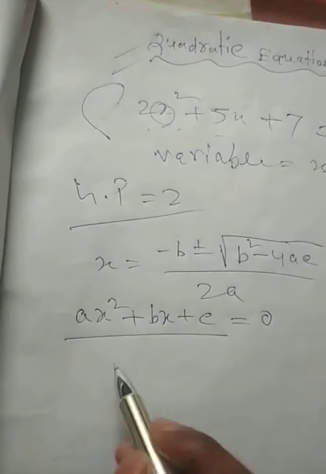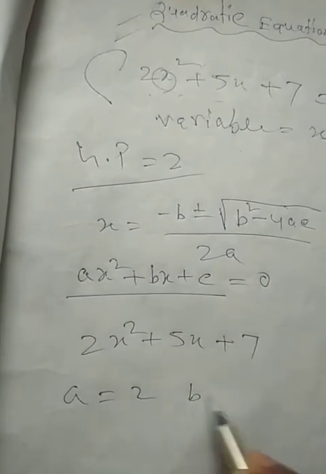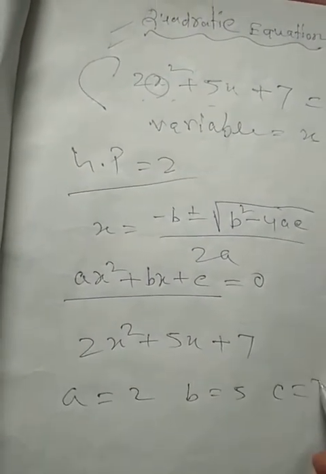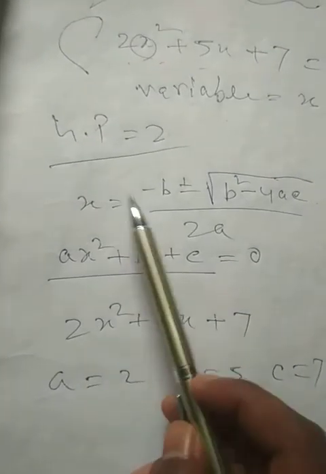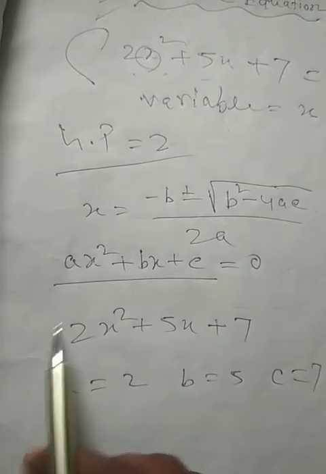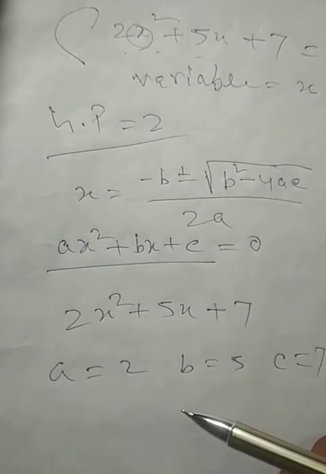That means if there is an equation like 2x square plus 5x plus 7, here a means 2, b means 5, c means 7. So by using that formula, we can get the value of x.